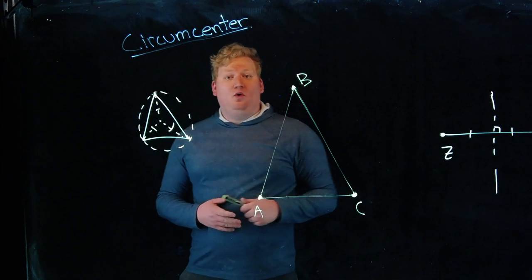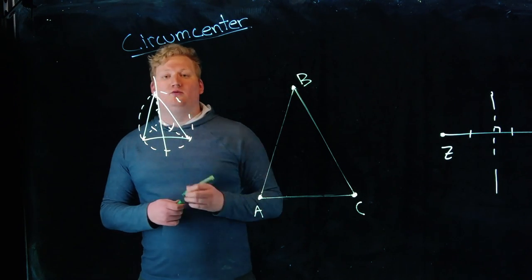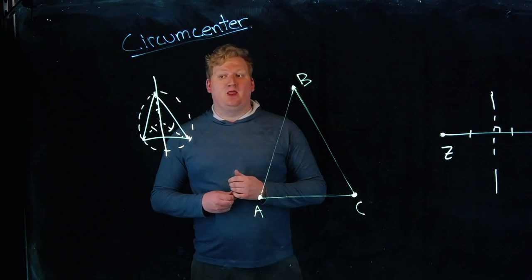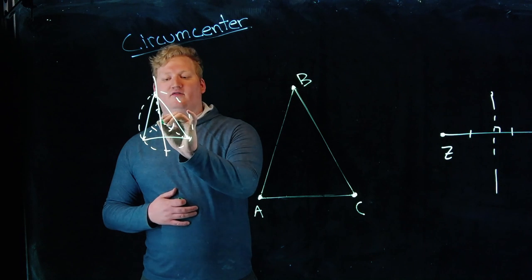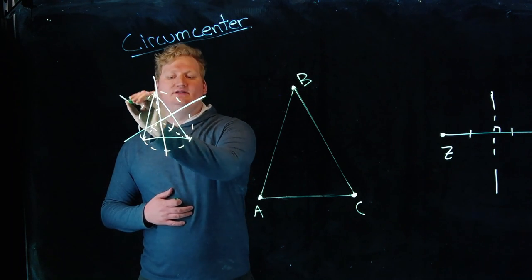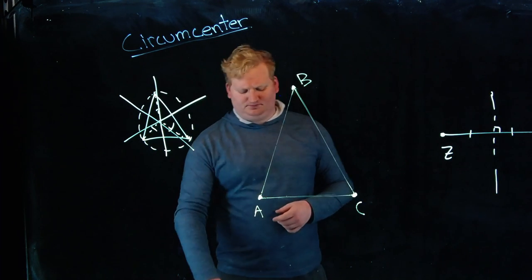What we know about chords is that their perpendicular bisectors go through the center of a circle. And so what we're going to be doing is finding the perpendicular bisectors of all three of these lines in order to triangulate our circumcenter.